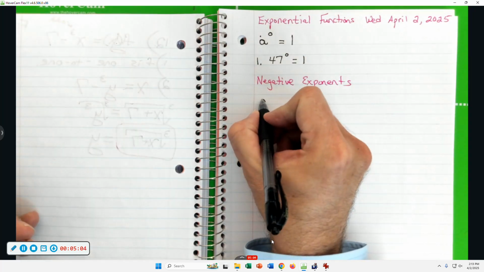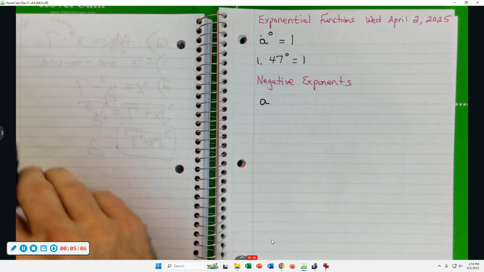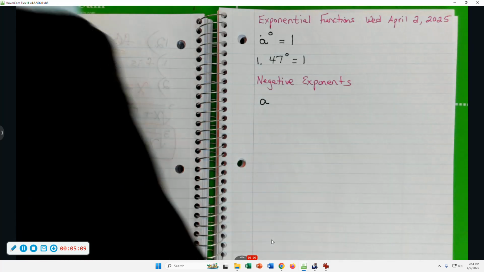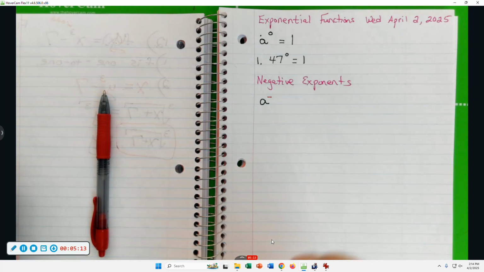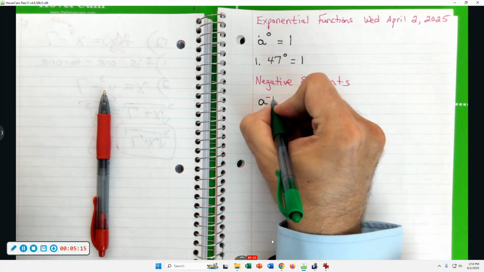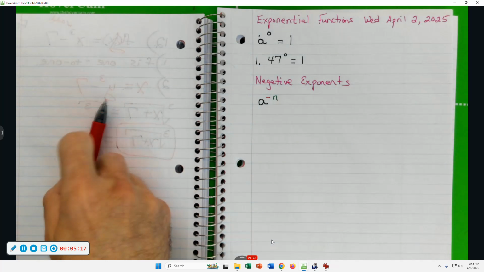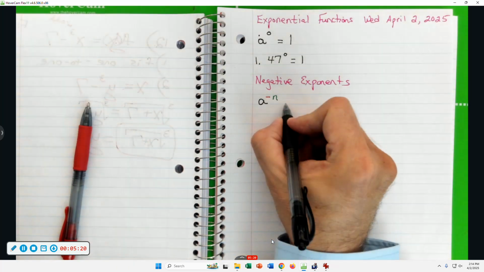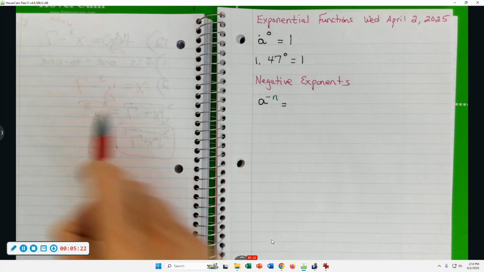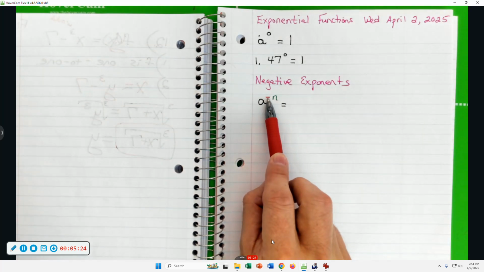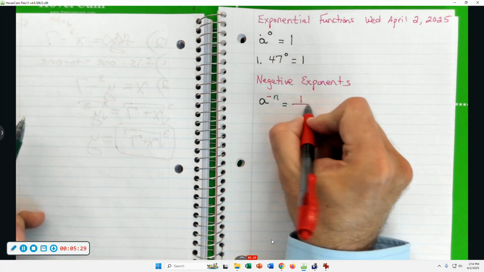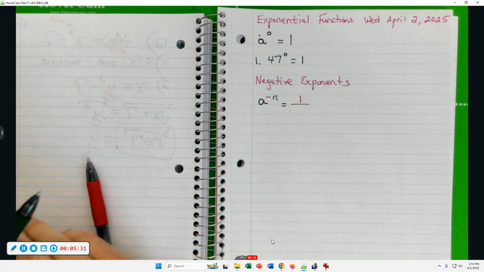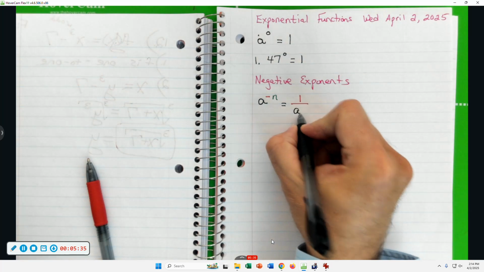If we have a number a raised to the negative n power, a to the negative n, that little negative exponent means 1 over. A to the negative n is 1 over a to the positive n.